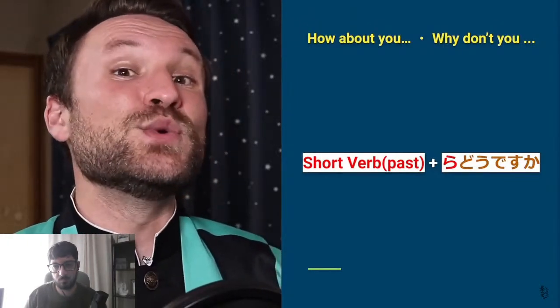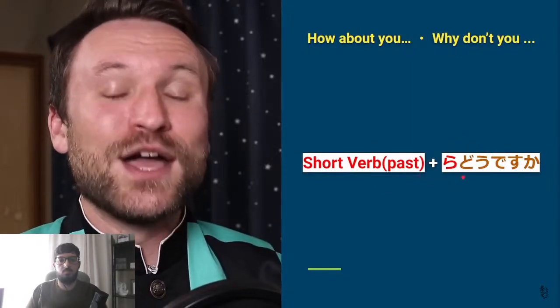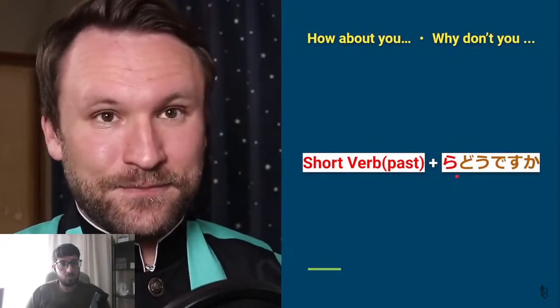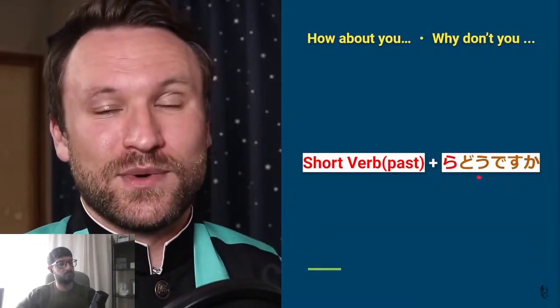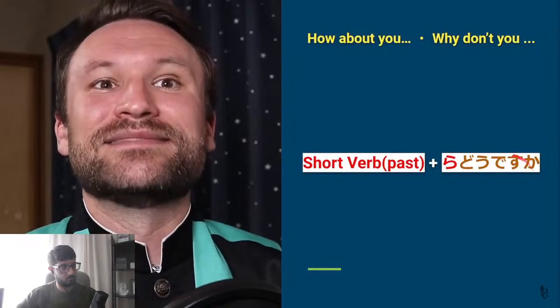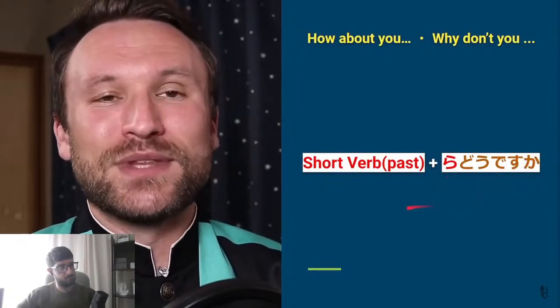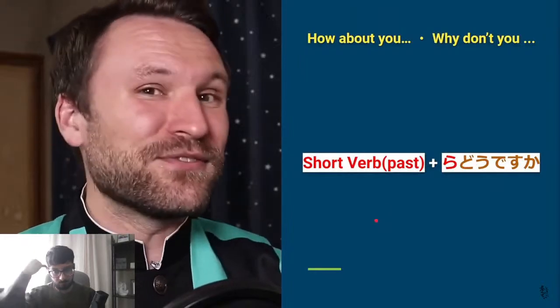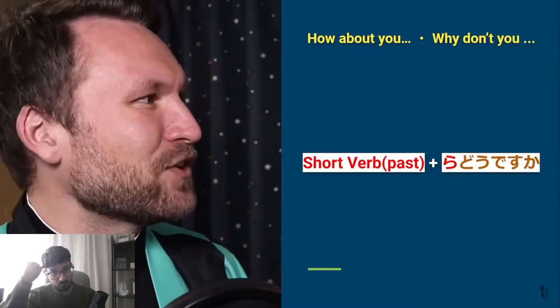So we've got the short form past tense plus ら, then どうですか. It comes out as "how about" or "why don't you." Literally, どう is "how," and か is the question marker. So 食べたらどうですか means "how about if you eat," because the たら gives you an if.